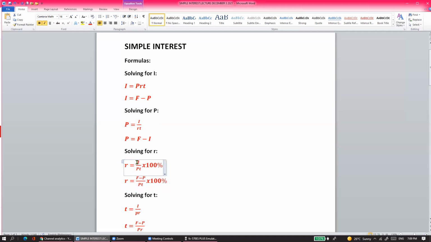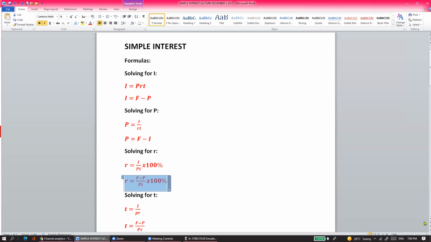Kung titingnan natin yung formula na I over PT, ang value ng I is actually F minus P. That is why nagkaroon tayo ng replacement sa I, ginawa nating F minus P. So sa madaling salita, R is equal to F minus P over PT times 100% also. So ito yung mga formulas na maaari mong gamitin kapag ang ipinapahanap sa problem is actually the rate of interest.